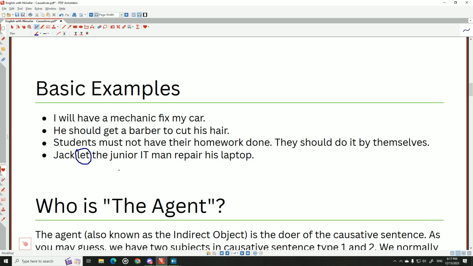There is a junior IT man. He said, okay, I'm for example a beginner, a rookie in IT, but as a kind of experience, if you let me repair your laptop, I won't ask for any money. It's for free. But let me do it as a kind of experience showcase. So, okay, you let him repair your laptop.